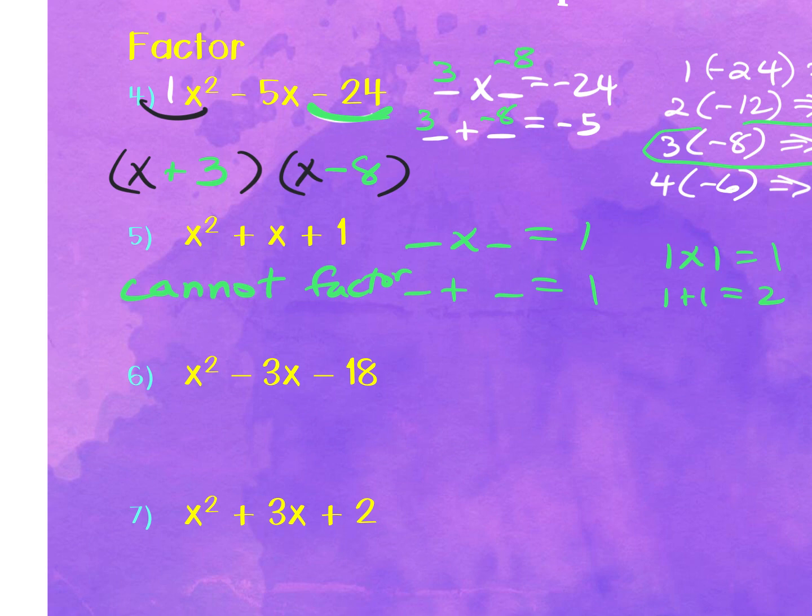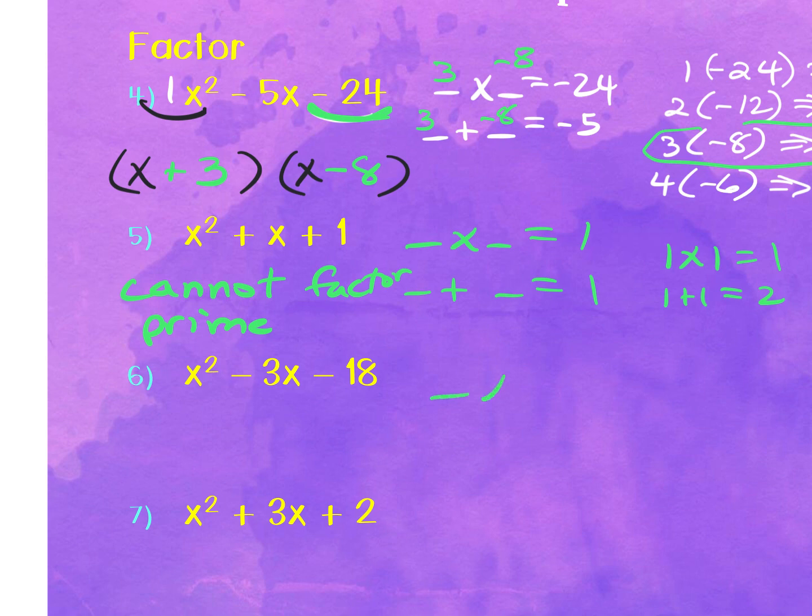A lot of times on an SAT, they would just tell you to rewrite the problem, okay? So if you get a question like this on WebAssign, read what they will ask you to input if it can't be factored. Sometimes some books use the word prime, but again, it cannot be factored.